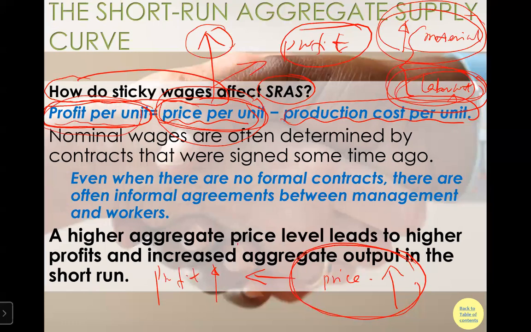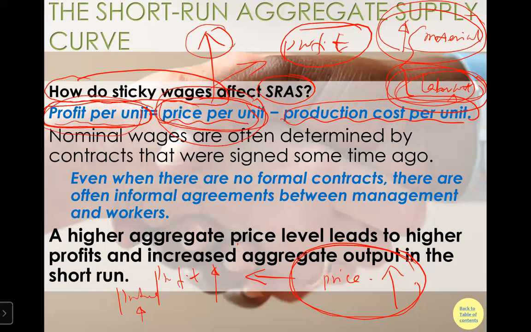Okay, so a higher price leads to higher profit. And then the business will respond by expanding their operation, or naturally, they're going to produce more. Why do they want to produce more? Because for each burger they sell, more profit will be made, right?